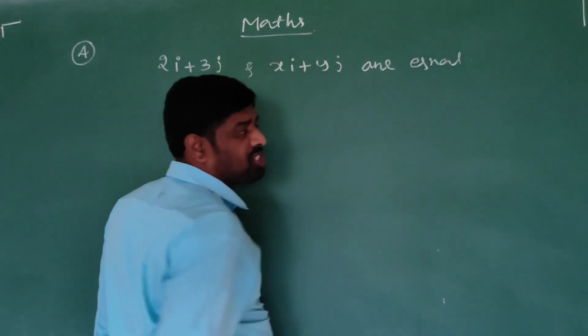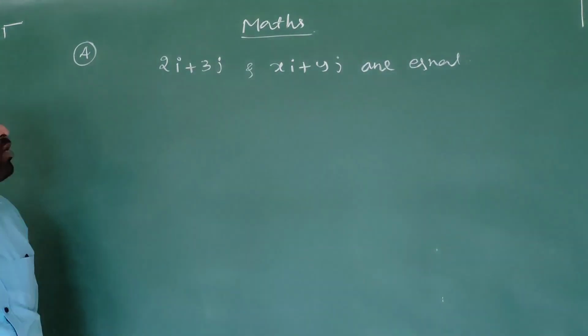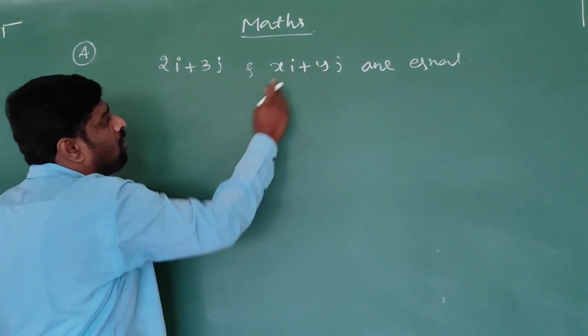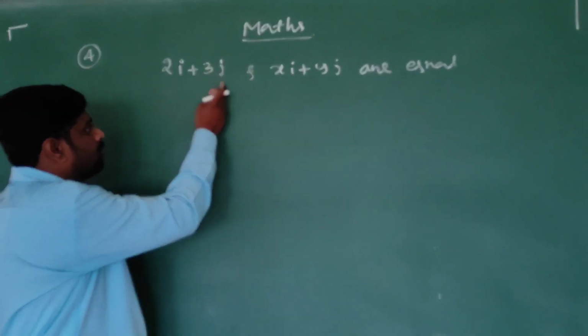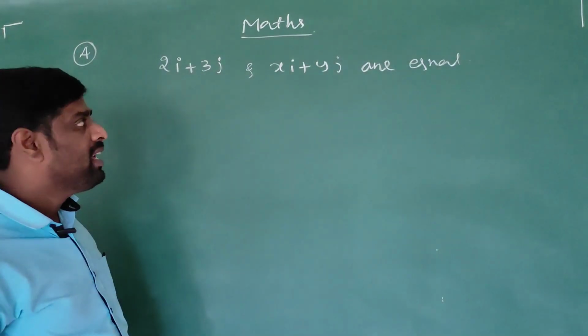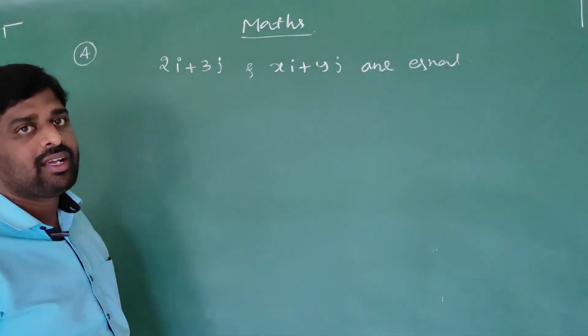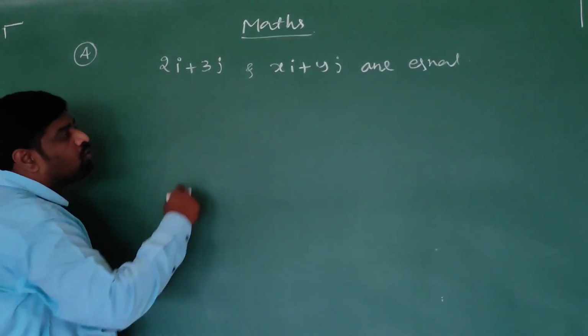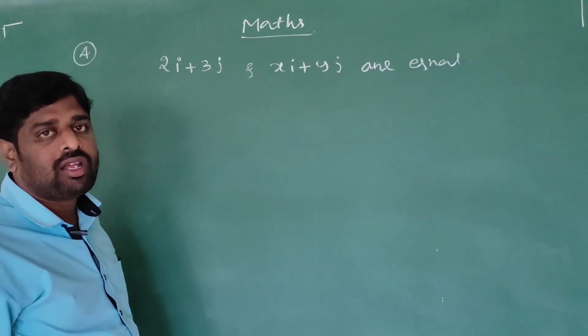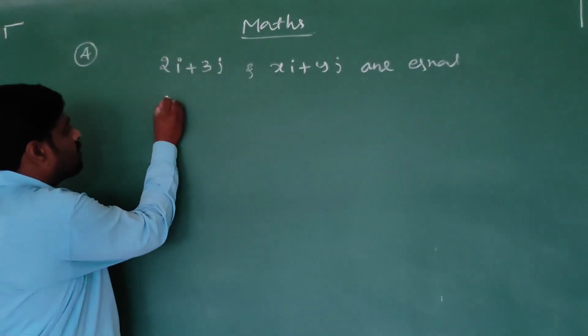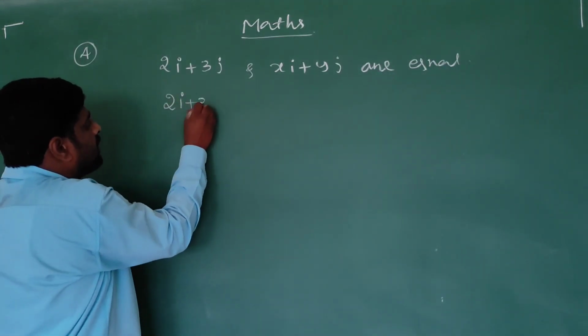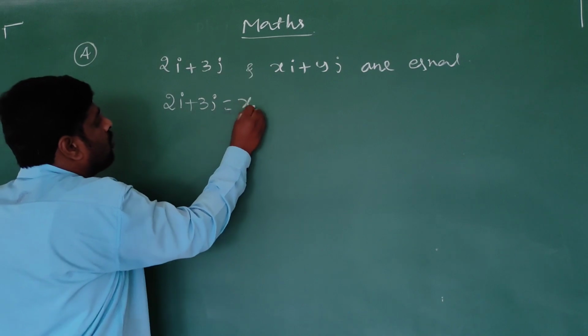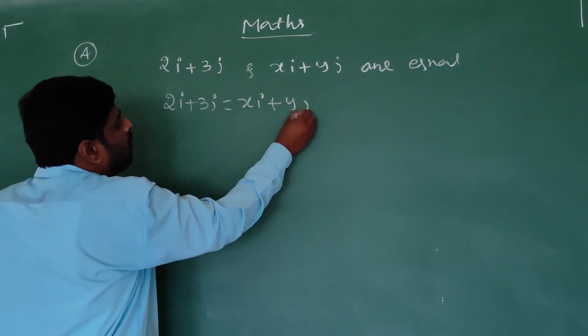So the fourth question is, we have to find the x value and y value so that 2i plus 3j and xi plus yj are equal. That means we have to consider equality of vectors. So 2i plus 3j is equal to xi plus yj.